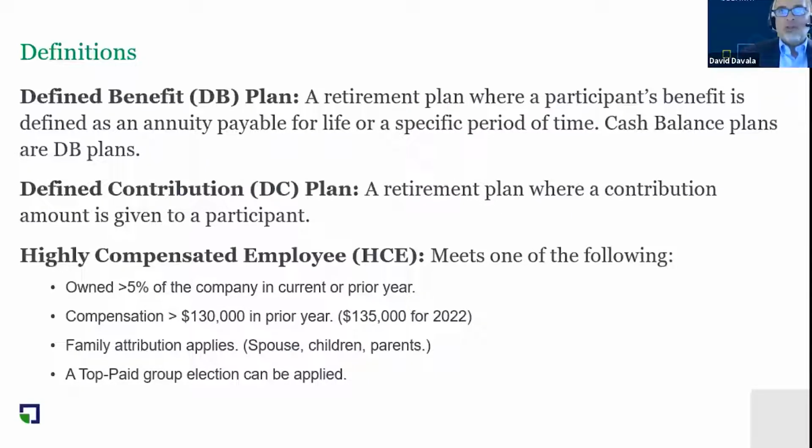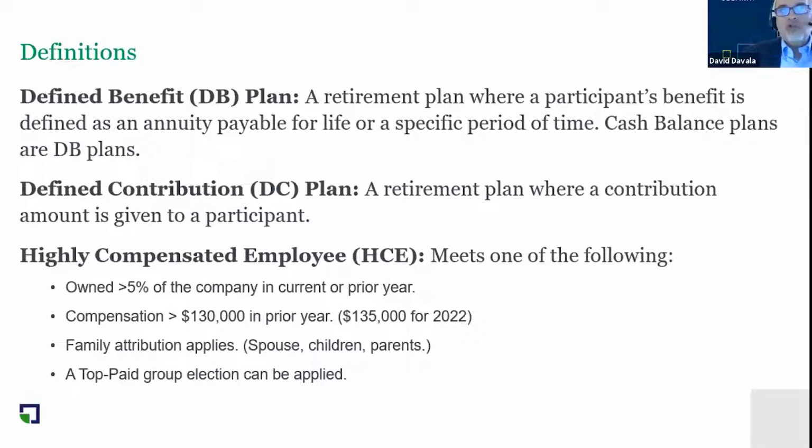This $130,000 is a threshold, and it is indexed for inflation. $130,000 is the 2021 threshold. And just last week, the IRS released all the new various pension limits, and this will increase to $135,000 for 2022.